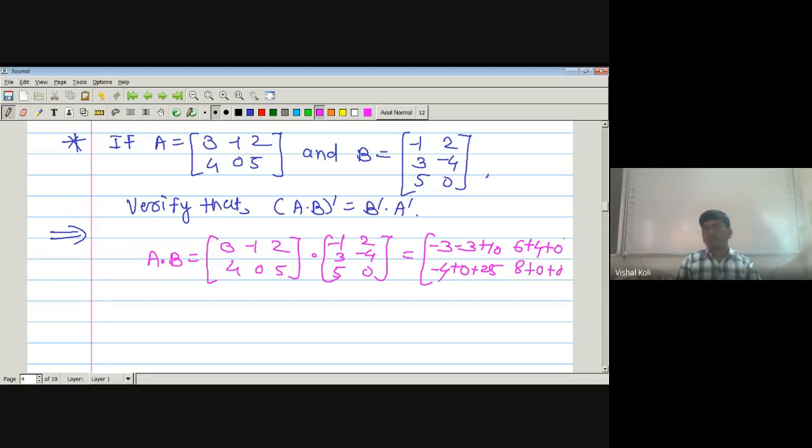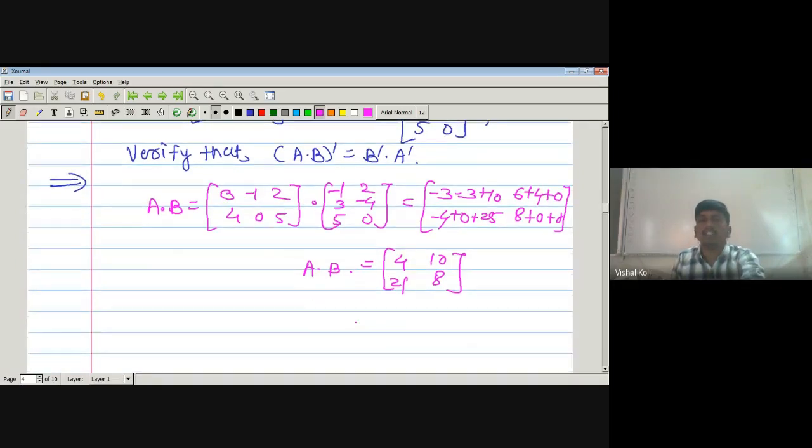So its sum will be minus 3 minus 3 minus 6 plus 10 is 4, 6 plus 4 is 10, minus 4 plus 25 is 21, 8 plus 0 is 8. Therefore here we get A into B as [4 10; 21 8].